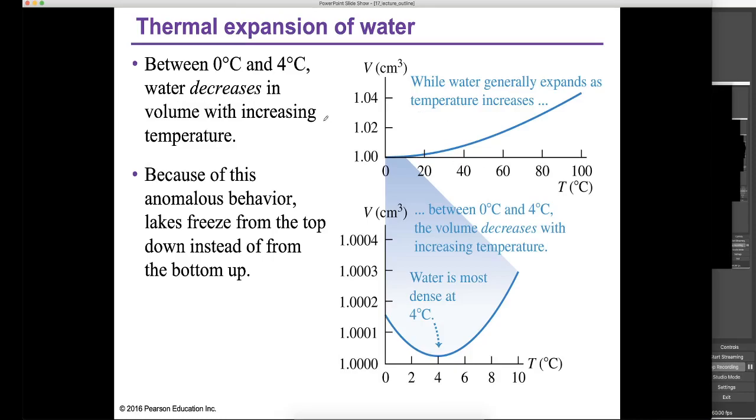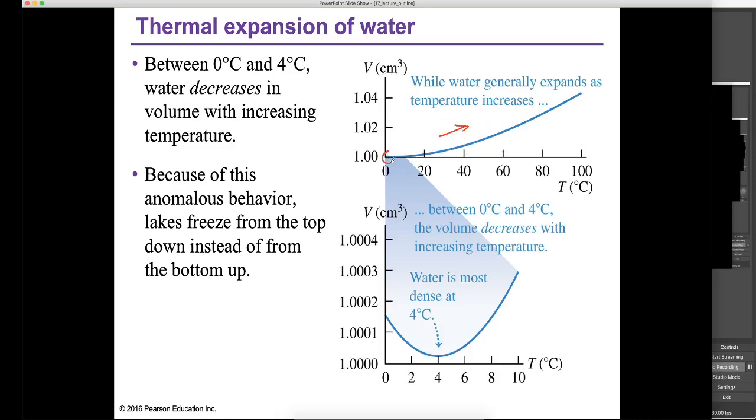An interesting phenomenon is that between 0 degree and 4 degrees Celsius, the water decreases in volume with increasing temperature. So here, this is a graph of volume versus temperature. Usually if you look at the general line, you'll see for water, when the temperature is getting higher, the tendency of the volume is getting higher.